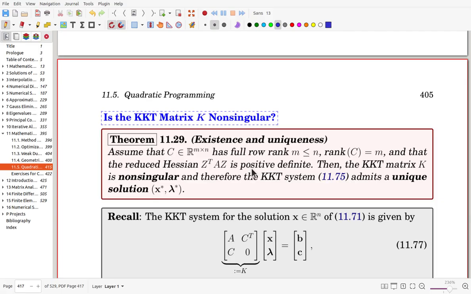Then the KKT matrix K is non-singular, so that the KKT system admits a unique solution. Once it's non-singular, then by inverting this matrix, we can get the optimal solution. And the solution must be unique.